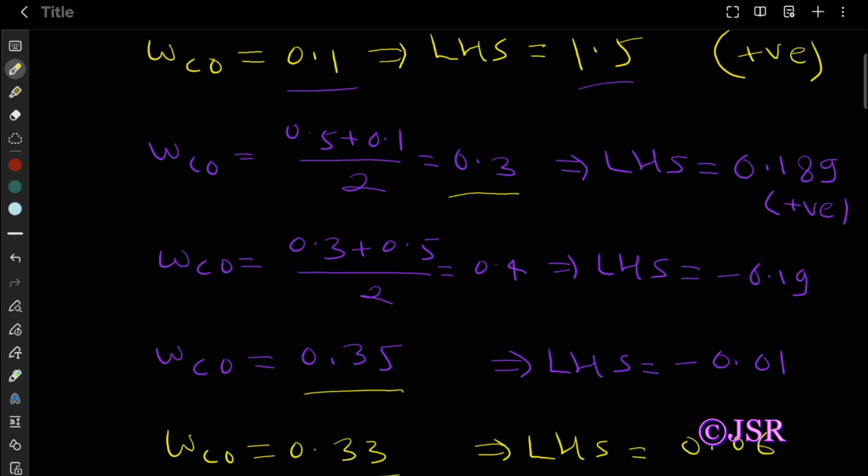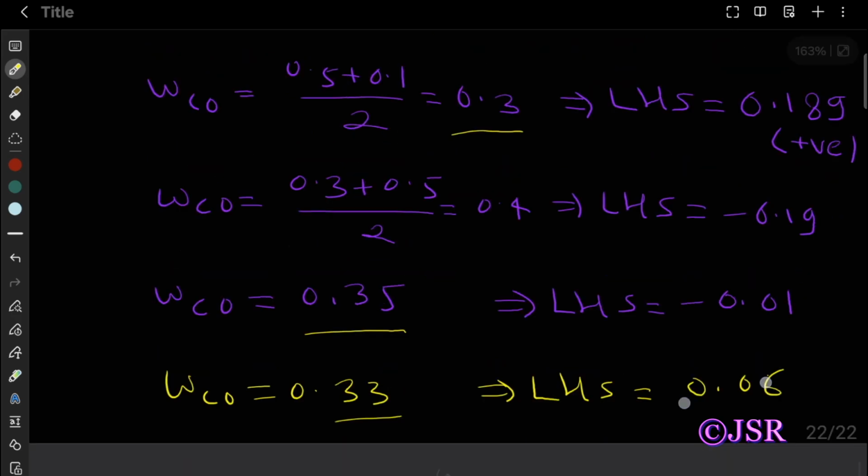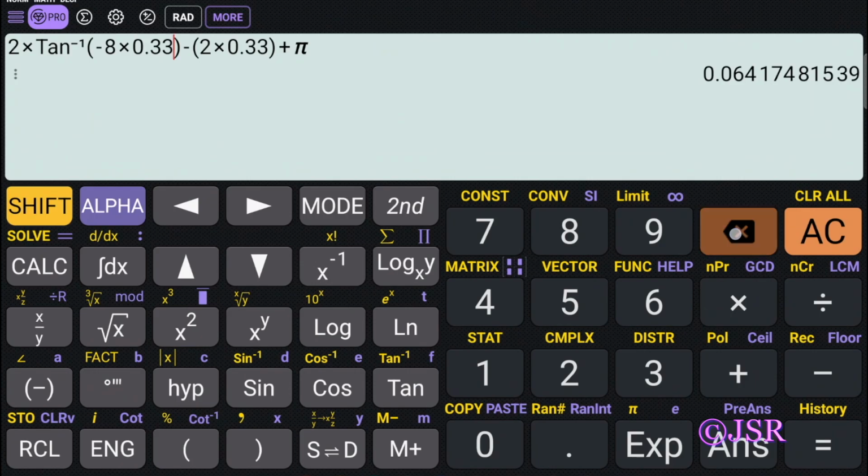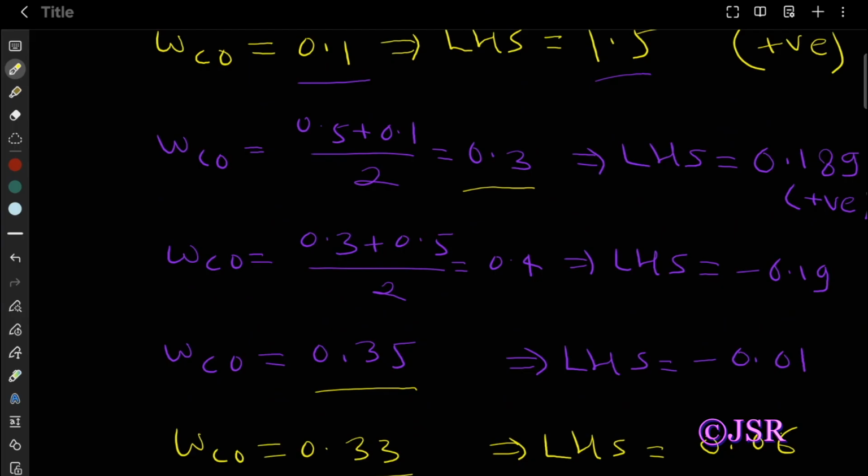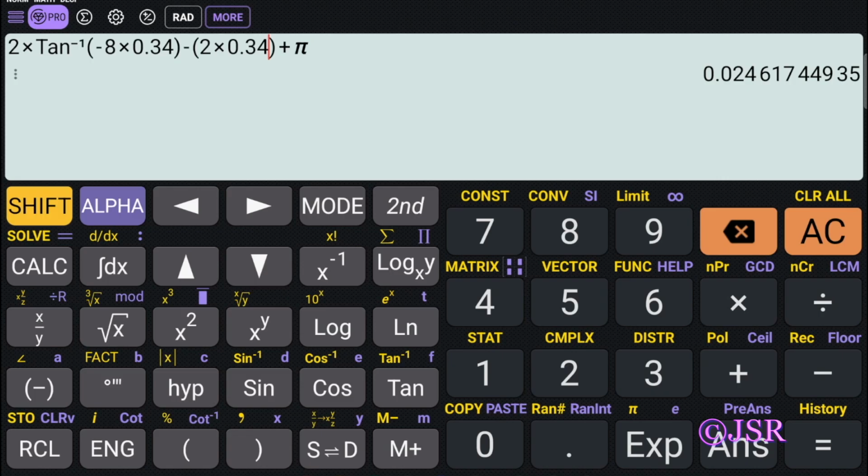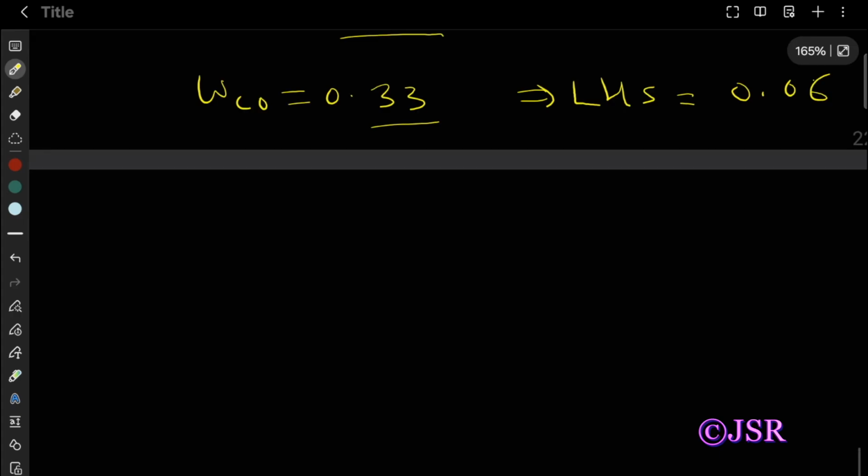So the root will lie between 0.33 and 0.35. If we replace 0.33 with 0.34, we will be getting 0.02, but it's still positive. And this will be 0.345.